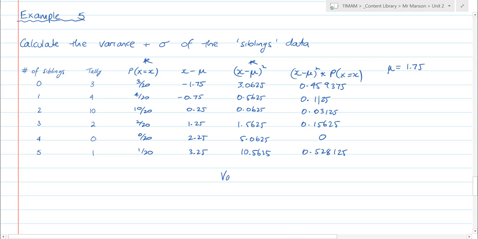And therefore my variance is equal to the sum of that, which is equal to, I see at least one person helping me out.